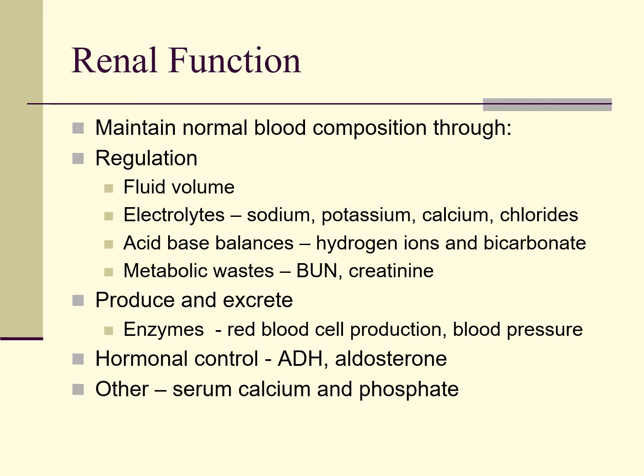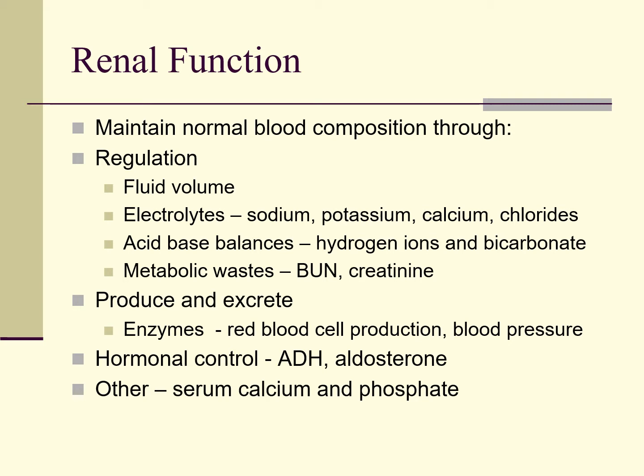And then another slide for you to think about would be if there's failure in this system, what are you going to see? And that would be related, of course, to what the normal functions are. So here's our normal functions of the renal system. And it's all about fluid volume, it's about electrolyte balance, it's acid bases.